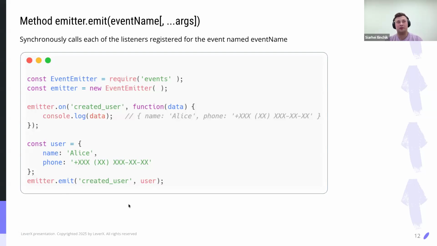Because JavaScript is executed line by line, and order matters in JavaScript. If you don't declare the event listener before you emit the event, this event listener won't be triggered.